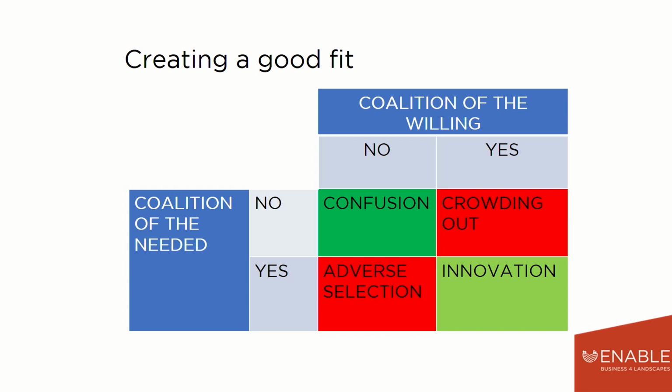This even might make the problem worse. Finally, in the bottom left red block, you can see what happens when partners are not willing but needed. The partnership is involuntary and runs the risk of stagnation and other forms of implicit boycotts which might jeopardize the whole partnership. We call this adverse selection.